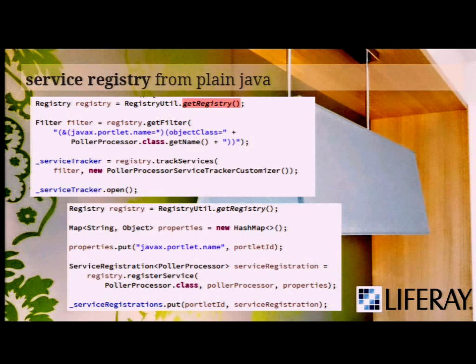This registry API is available in the shared class loader of your application, but it's injected with an implementation that has a hold of the framework API, which allows you to track and register services. So here you can see an invocation of that, and what it allows you to do is from your regular, plain old Java code, create a service tracker, which is going to bring the dynamicity of the OSGi framework into your static Java application.